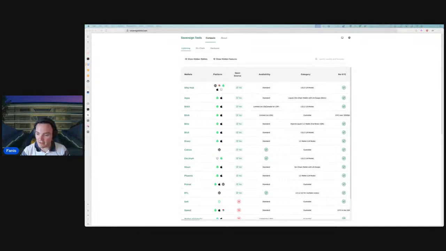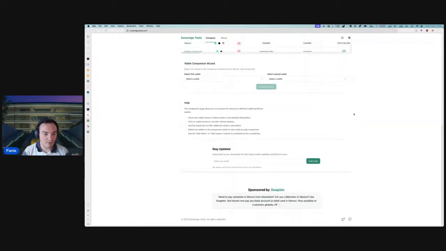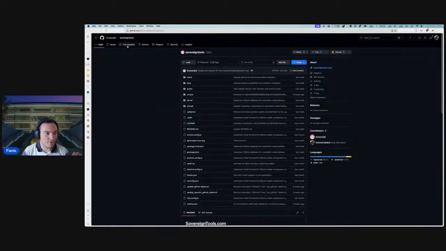I wanted to share that because, for example, if you spot something and you think that something is wrong or not very up to date, you can just go to the GitHub and open a pull request.